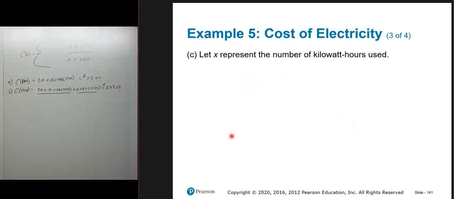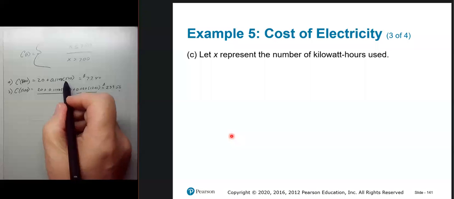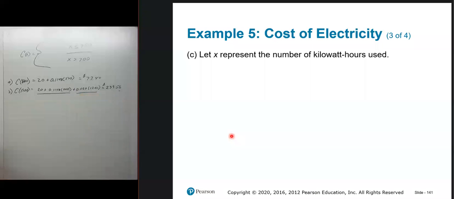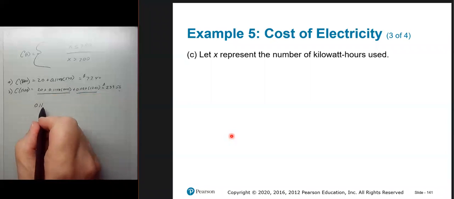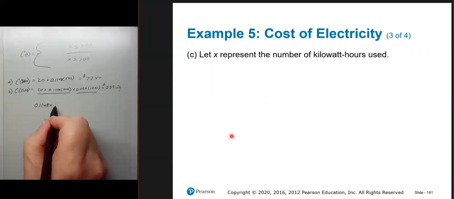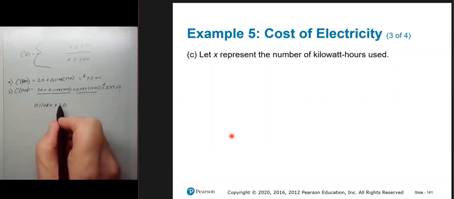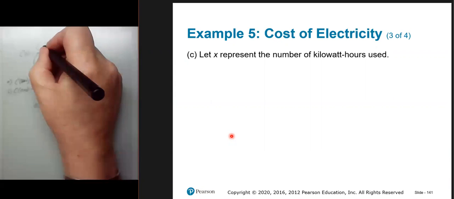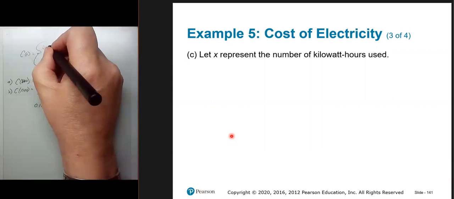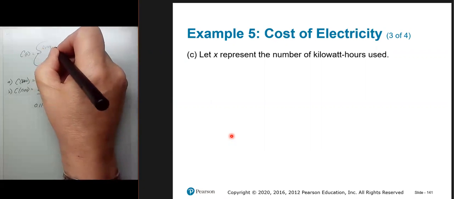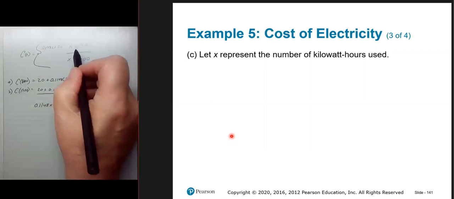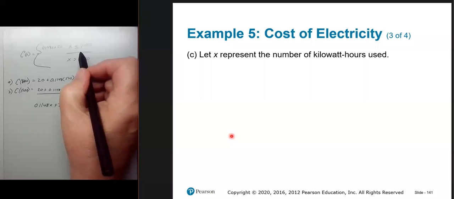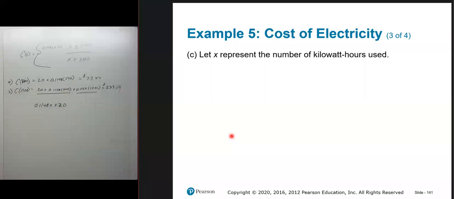Now X represents the number of kilowatt hours used. For the first 700, we're going to use 0.1148 times X plus the $20. So that's 0.1148X plus 20 when the number of kilowatt hours is less than or equal to 700.